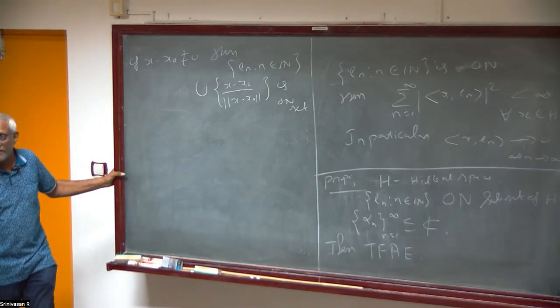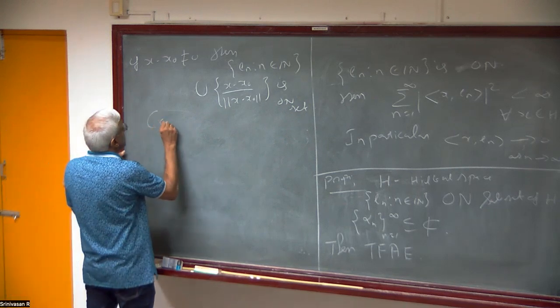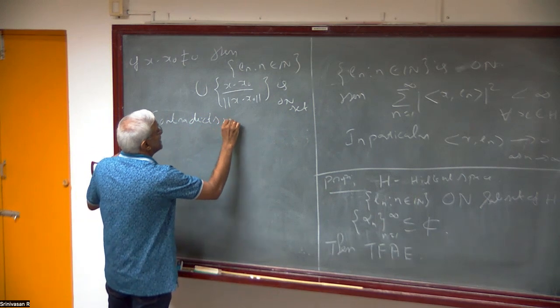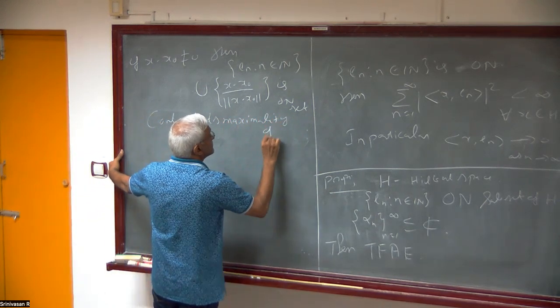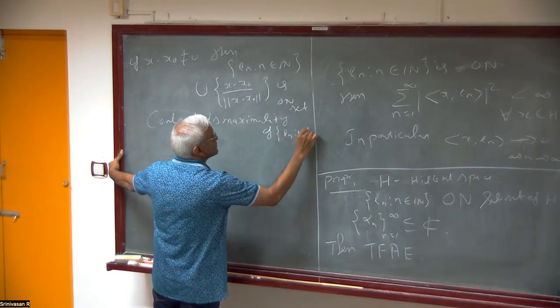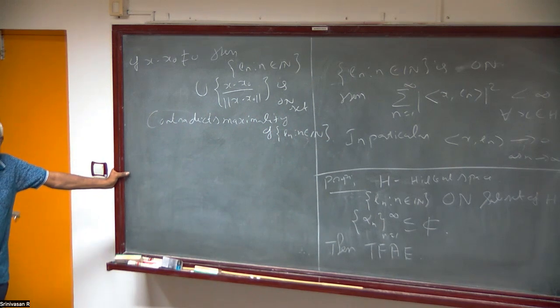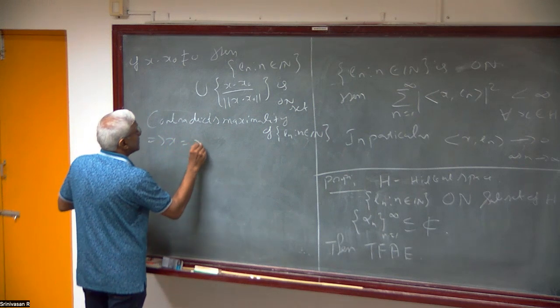We assumed that there's a maximal orthonormal set. It contradicts maximality. So x equal to x naught. Okay? That's what you want to prove.